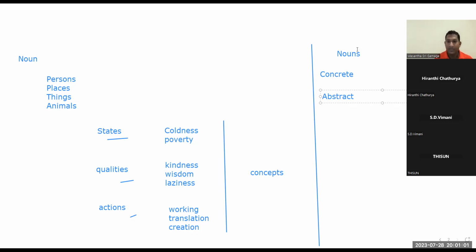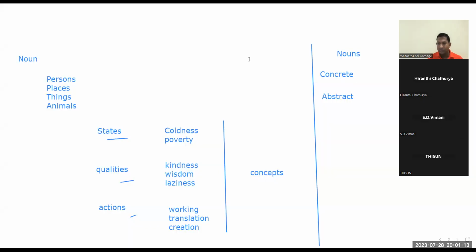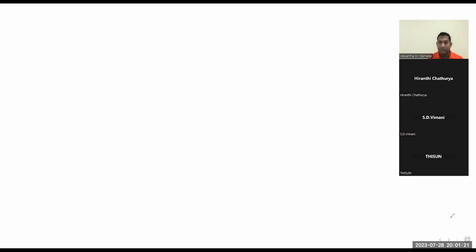Abstract nouns, right? Okay, now you have an initial understanding of what a noun is and what we are going to do, right? Okay, now the challenge is, we don't want to study names of persons, places, things, and animals, but we should know more about abstract nouns, formation of abstract nouns, right?